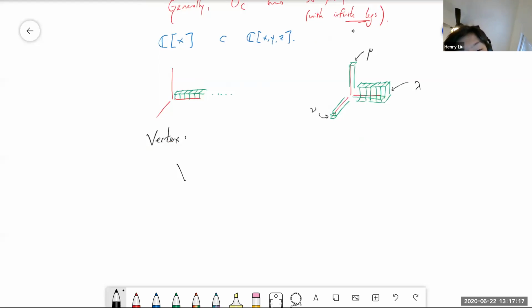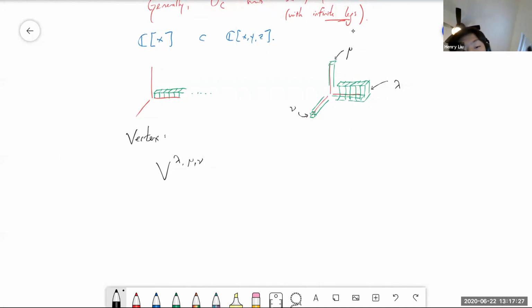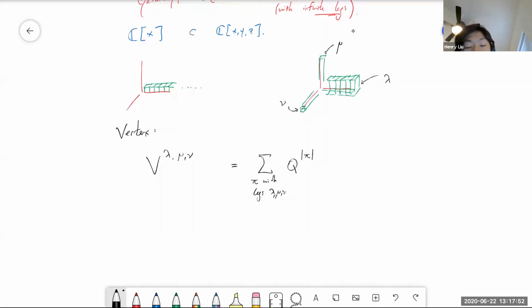Anyways, so the vertex is some huge function. You specify your 3 asymptotic partitions, lambda, mu, nu. And it will be a series over all 3D partitions pi with legs lambda, mu, nu. And you want to record the size of your 3D partition in some extra variable.